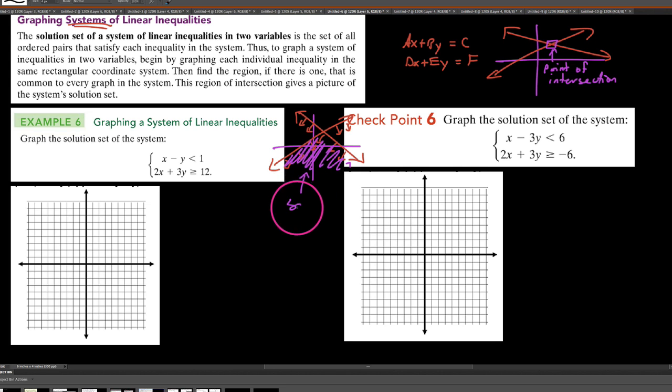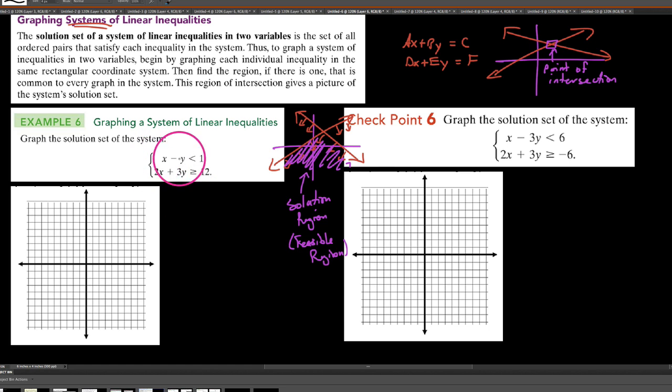This is what we call the solution region for our system. We also call this the feasible region, F-E-A-S-I-B-L-E. The feasible region contains all points that satisfy all of the inequalities in the system.